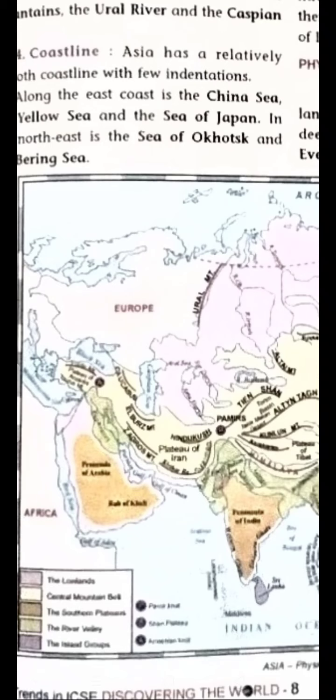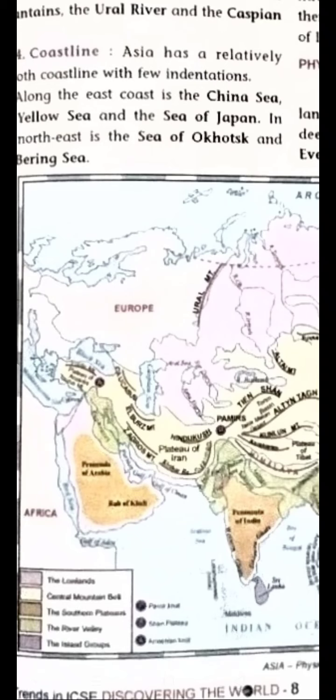Amongst the southern plateaus, please see, we have the peninsula of India, the plateau of Arabia, the plateau of Tibet, the plateau of Iran. So all this comes under the southern plateaus. After the southern plateaus, we have the great river valleys and the island groups of the Southeast Asia.